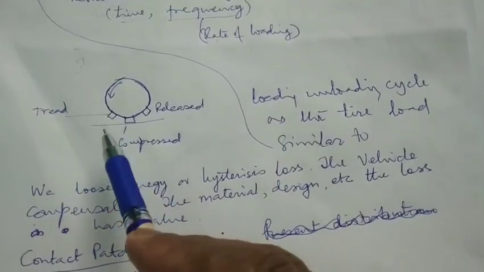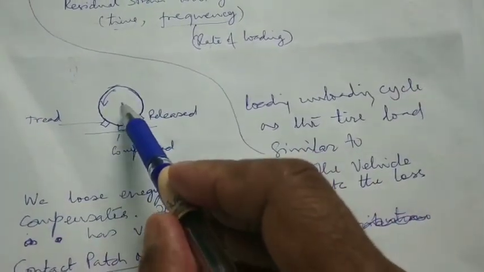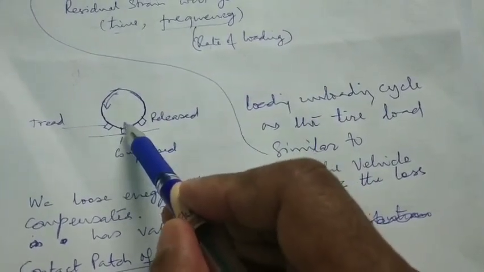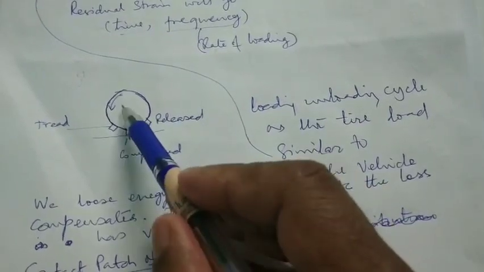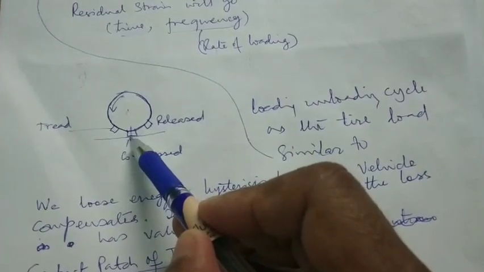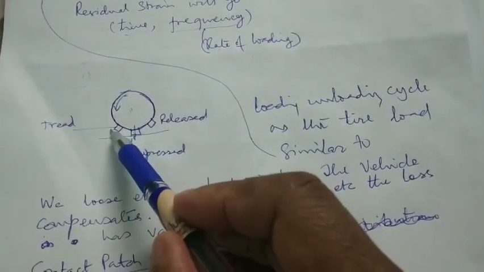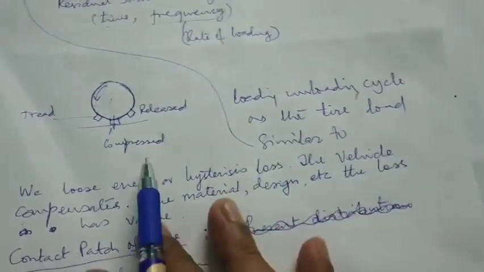If we see the wheel and the road, there is one tread exactly at the bottom of the radial, in contact with the road. This particular tread will be most compressed.